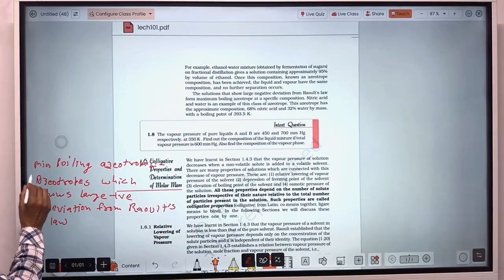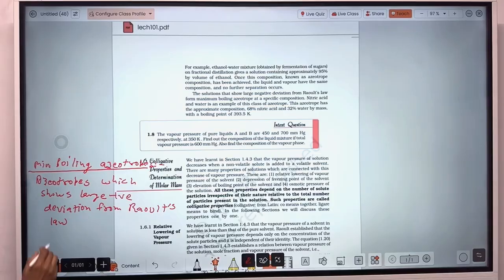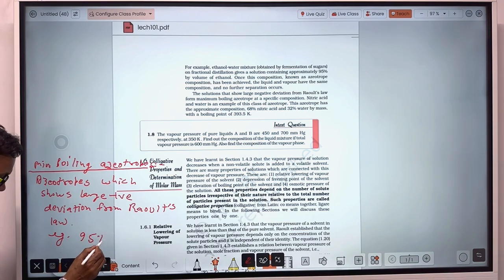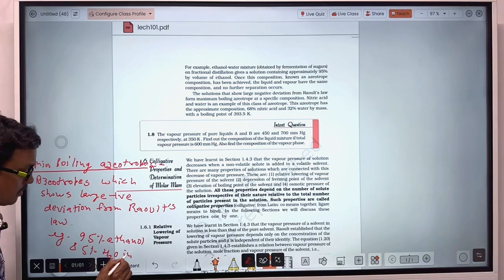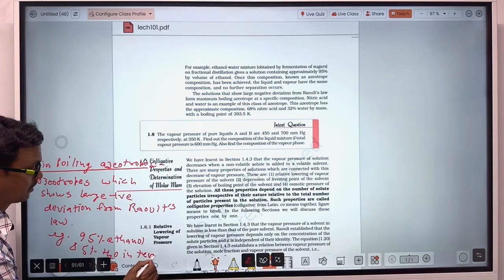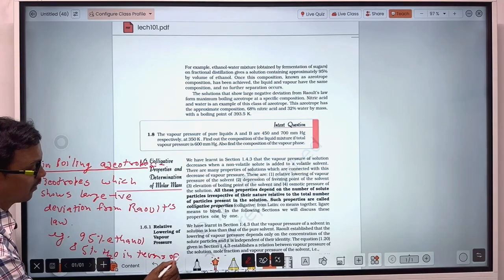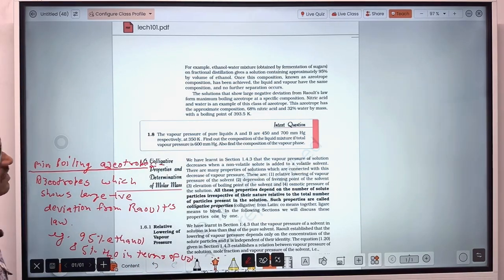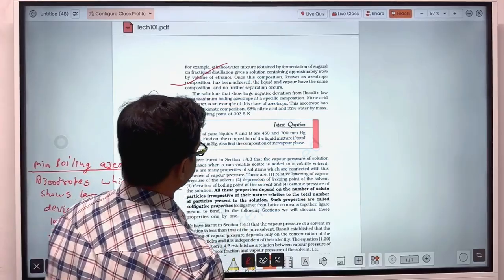An example is 95% ethanol and 5% water in terms of volume, that is a minimum boiling azeotrope.